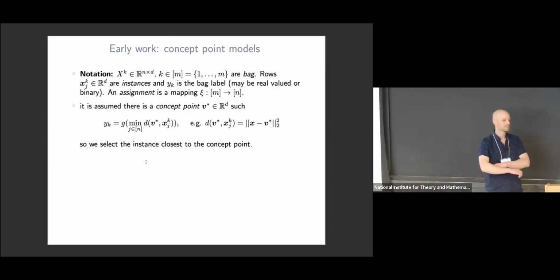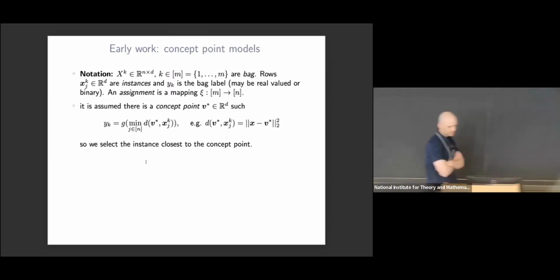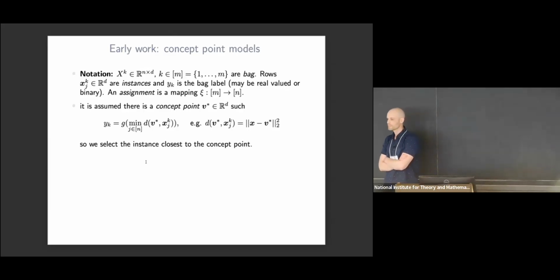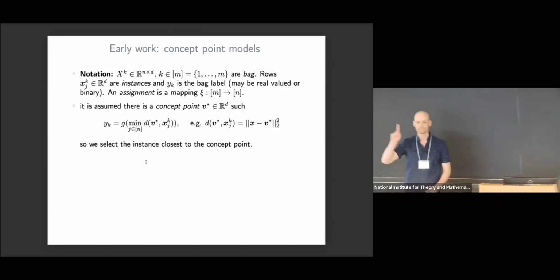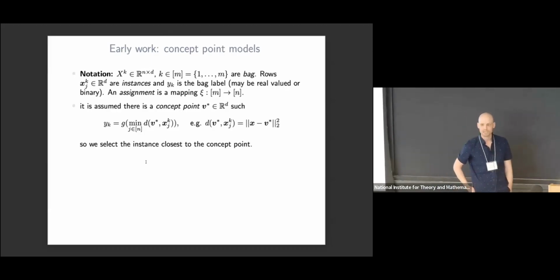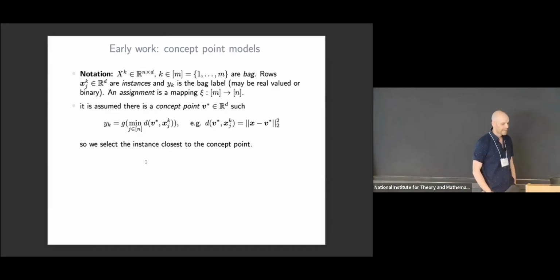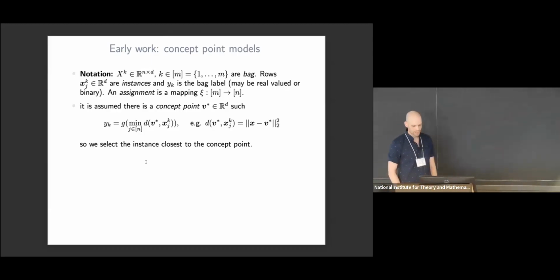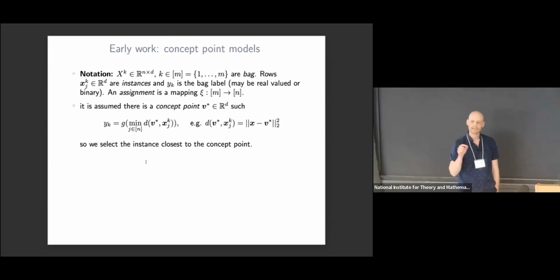Now, the early models, like the ones people were using for this musk data set, for early models of drug discovery in musk, the thinking was that there's a single point in feature space, which they called a concept point. The labels for the bags are constructed by finding the instance closest to that concept point, and then labeling the bag as some function G of that distance.